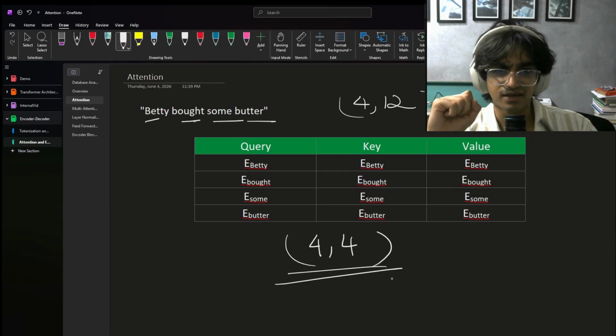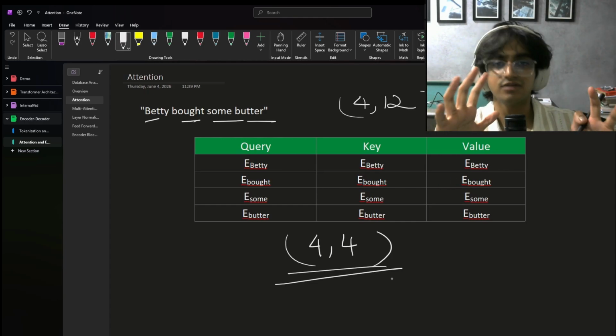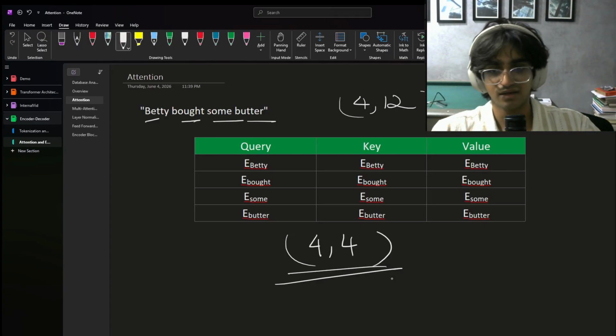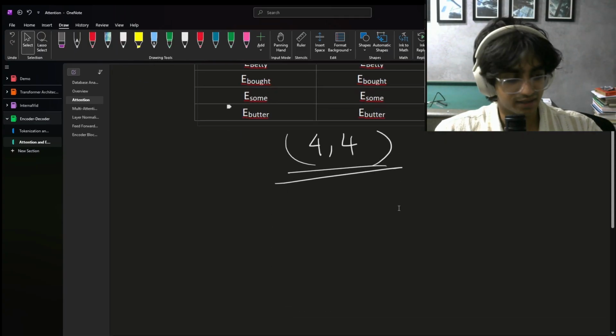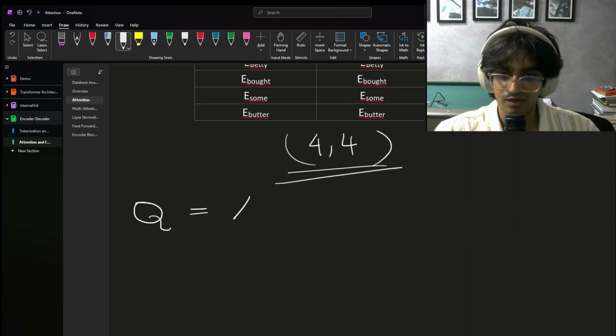But if you look at something, it's essentially the same thing. Your query, your key, and your values are the same embeddings. But we need to differentiate it. And one way we can help differentiate it is by multiplying it. So we can take our query. We want our input to be multiplied by a weight matrix WQ.